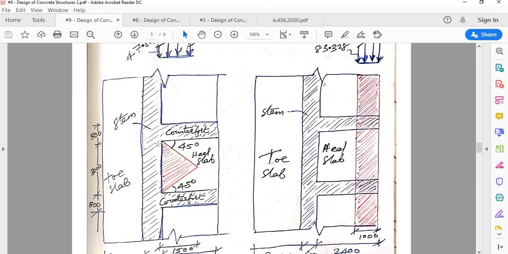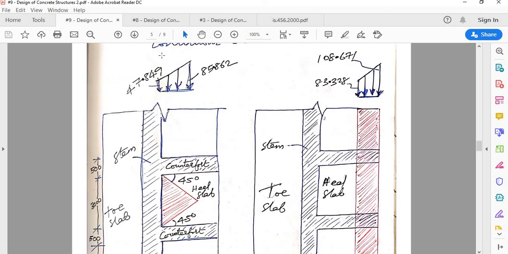So it is area, half into 3 into 1.5, into the effect of this loading. So you can divide it into a rectangle and a triangle. The rectangle centroid is at 1/3, the triangle it is also at 1/3, but for the triangle you have to multiply that by half to make it average loading.